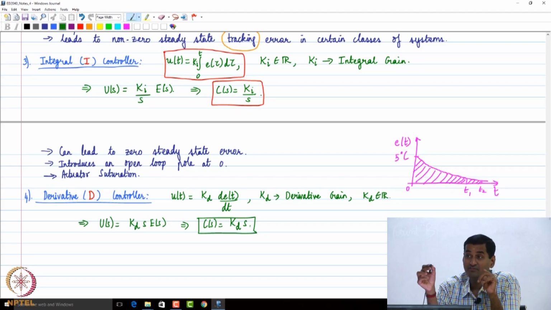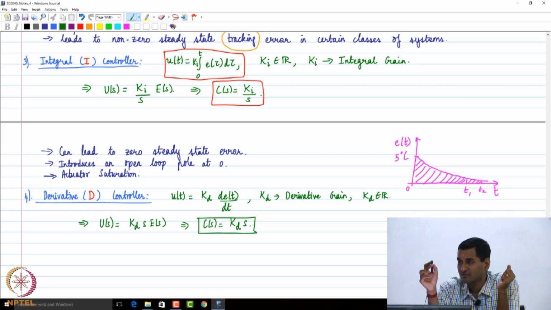For example, if your plant transfer function had n equals m, and you don't have H(s), so H(s) is 1, you can't obviously use the derivative controller. Why? Because the open loop transfer function will not be proper. That's something I want to alert you about. Let me repeat that. Suppose your plant transfer function P(s) is a proper transfer function with n equals m, there can be scenarios like that.